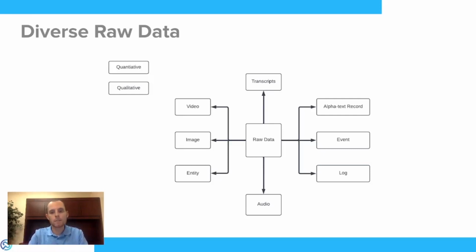You may have alphanumeric text records, which are your quantities. You may have audio, which is being generated from your machinery. You may have transcripts of staff communications. You may have video, which is watching the manufacturing line. Imagery, which is being generated from the manufacturing process, potential faults, maybe mislabelings.